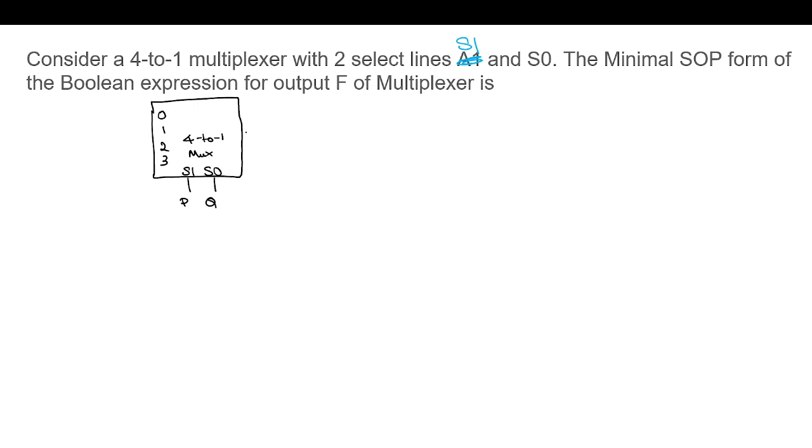Let them be P and Q, with the output F. And if the inputs are given as 0, 1, R, R complement, then what is the minimal SOP expression for this?